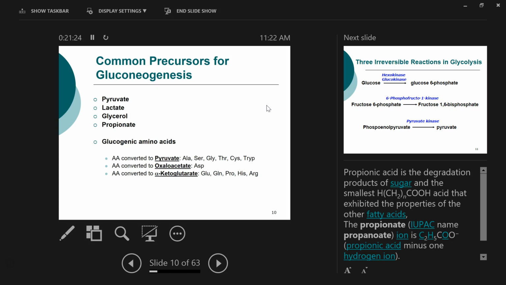All these amino acids, as long as they are able to convert to pyruvate, oxaloacetate, alpha-ketoglutarate, and enter the TCA cycle, can be used for synthesis of glucose, right?